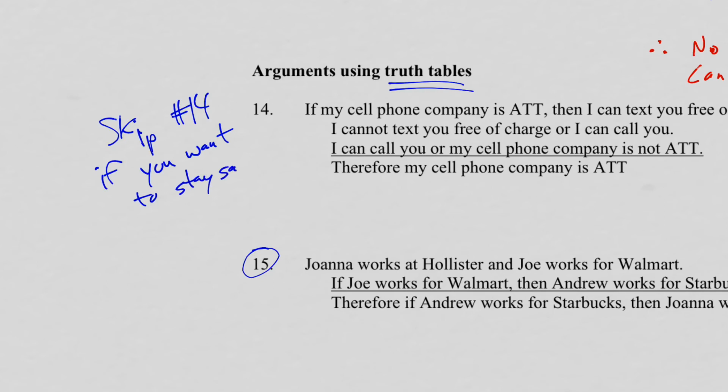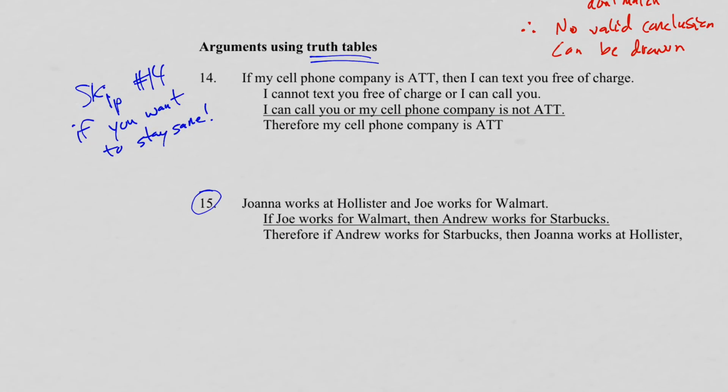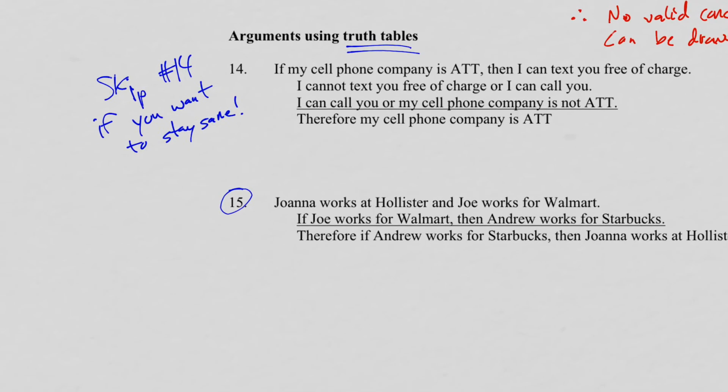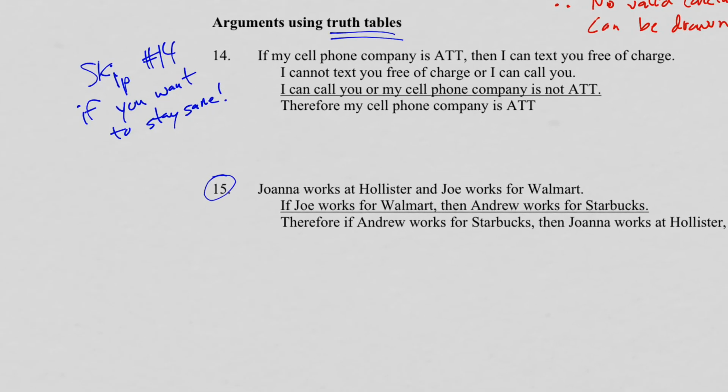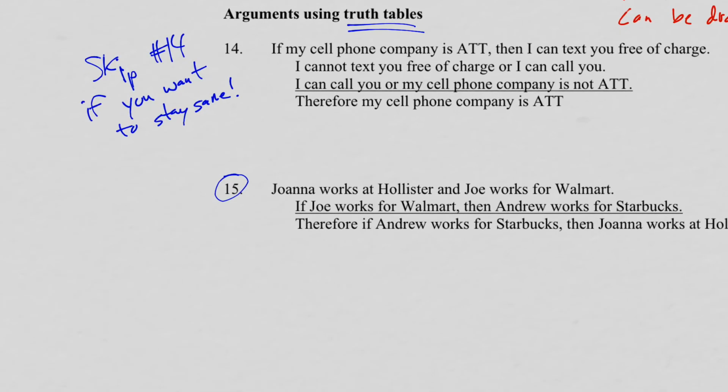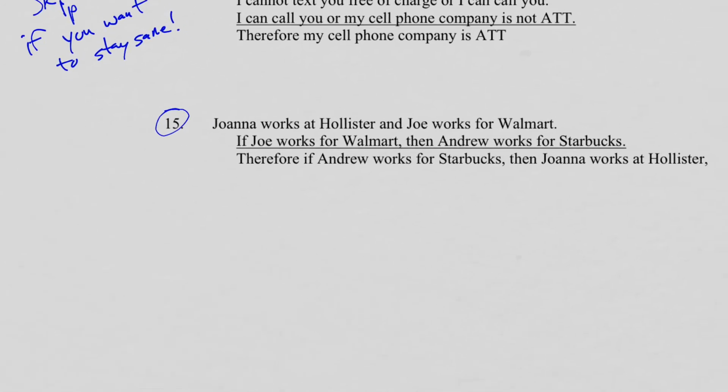Yeah, we'll skip that one. You can look, I can show it to you. It's a lot of fun, but that's not going to be in your homework, and it's not on the test. So let's take a look at 15.